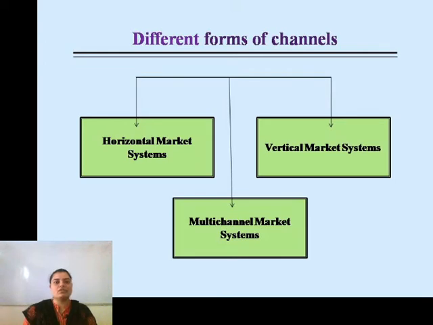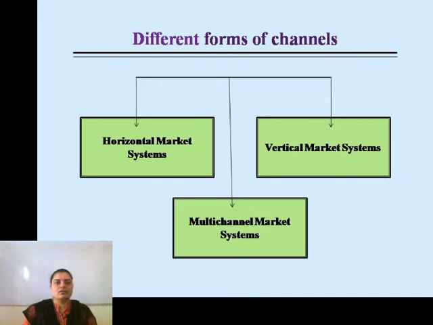This type of situation may occur when a channel member takes over the functions of another channel member or simply carries out the functions of another member. So therefore, by eliminating that intermediary from the distribution channel, we can grow our vertical marketing system. So vertical marketing system facilitates effective establishment of integration in various marketing channels.